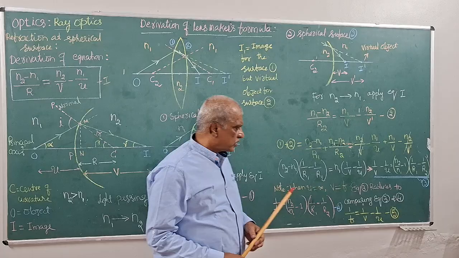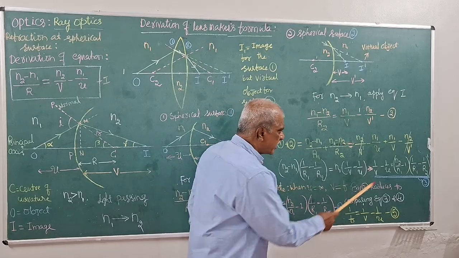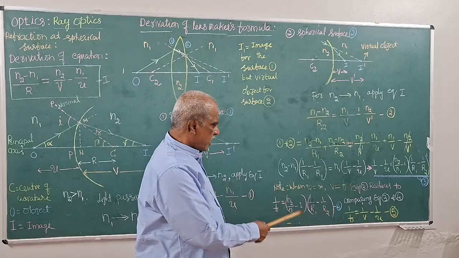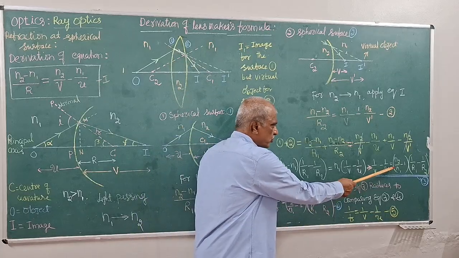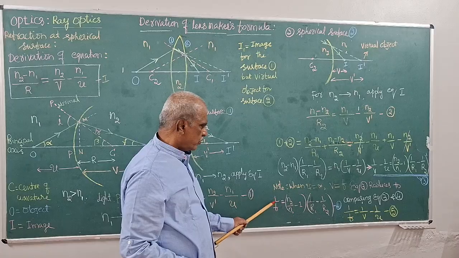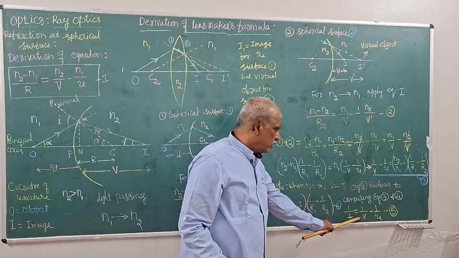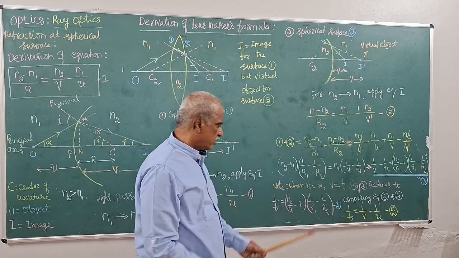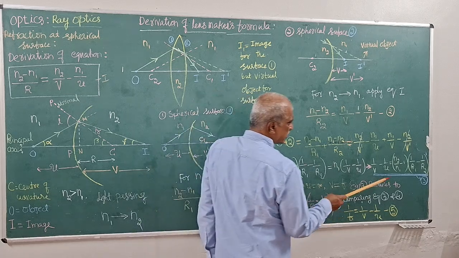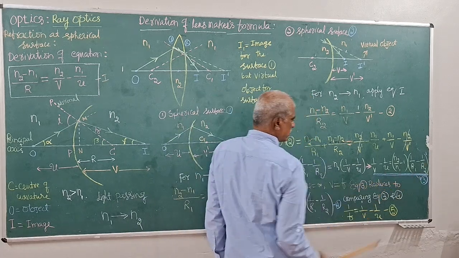And one more equation we can get by comparing these two equations, because the right hand sides are the same, so the left hand sides must be the same. 1 by f equals 1 by v minus 1 by u. The right hand side of equation 4 is the same as the right hand side of equation 3.